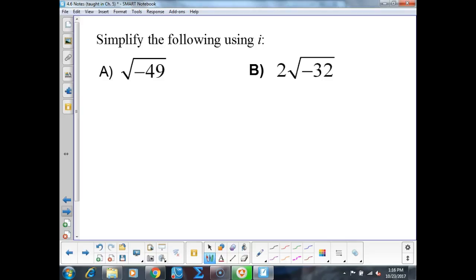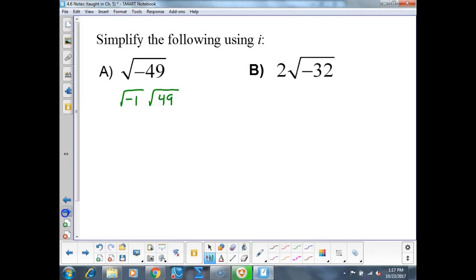So we need to go to imaginary land to figure that out. Okay? So how I would go about simplifying these is I first factor out the square root of negative 1. So that leaves me with positive now 49.